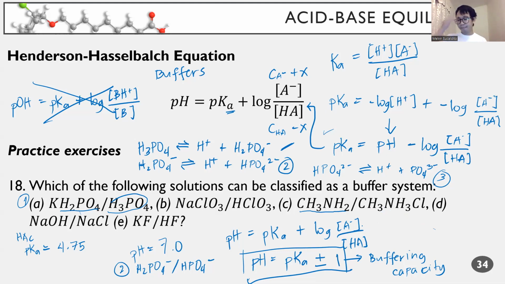Letter D. This is either a trick question or an extremely well-structured question. NaOH. Na is a spectator ion, therefore OH is the essential ion. The conjugate is H2O. H2O is assumed to be present in the NaCl as there is only Na plus and then Cl minus.